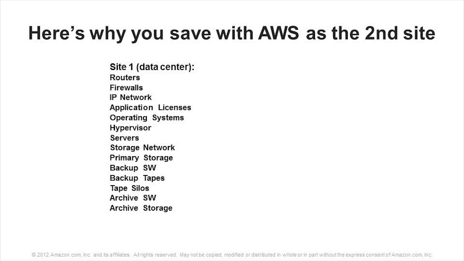You've got everything from your servers, your storage, your archive software, backup tapes, your network, your routers, firewalls, and so forth. Admins, a lot of admin work. You have your real estate, your power and pipe, and you require that to run. So that makes sense, and that is what it is.